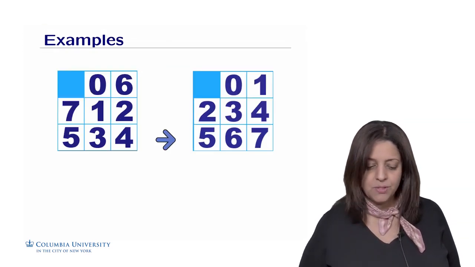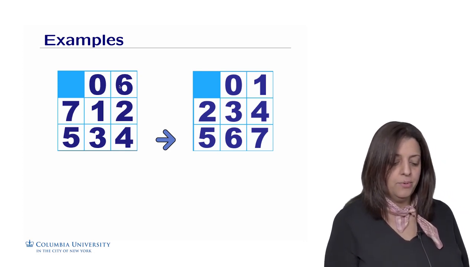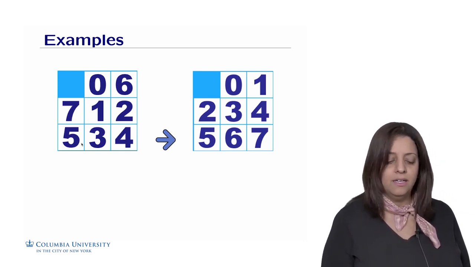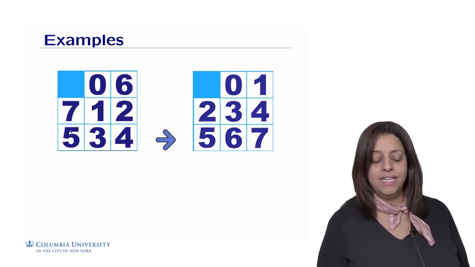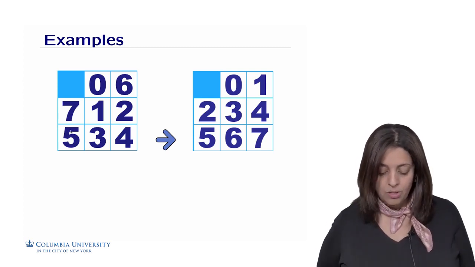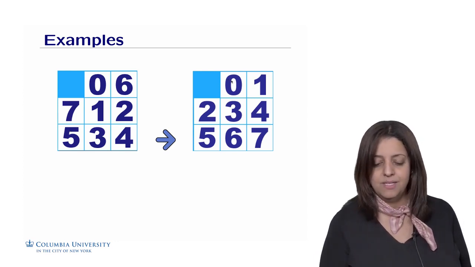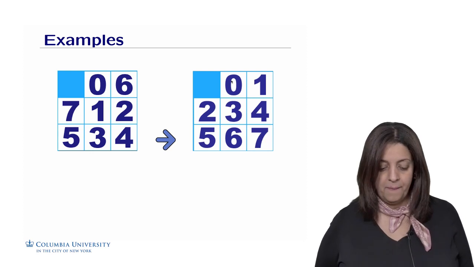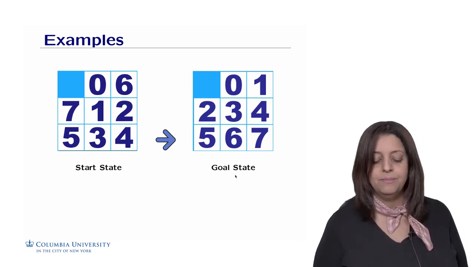For example, we could start with this first board on the left that has the numbers 0 to 7 not in order. And we want to be able to move the squares around until we reach the goal, which is the numbers ordered from 0 to 7, starting from this middle top square. So this could be a possible start state, and this could be a possible goal state.